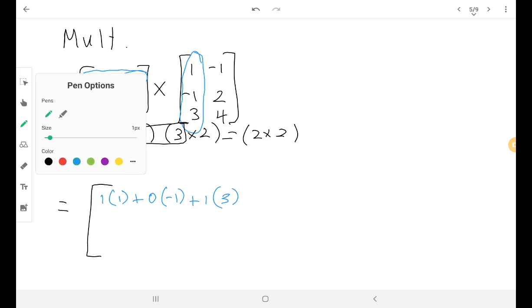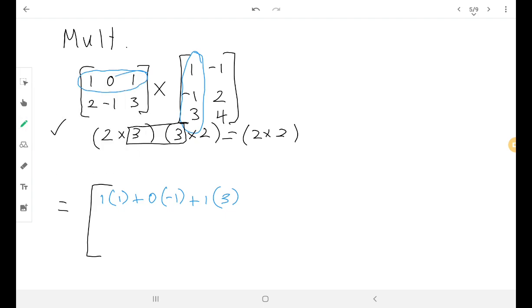Okay? Let's look at a different color. And so then for the first row, second column, you're going to use the first row again. So I'm going to circle it in green this time, and the second column. And that's going to give you first row, second column. And you do the same thing.